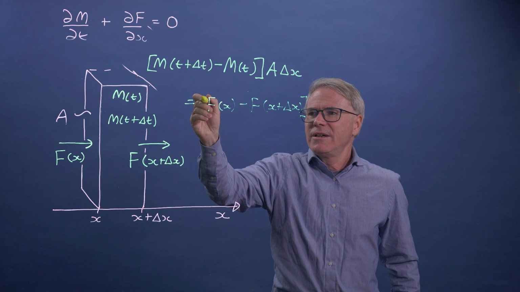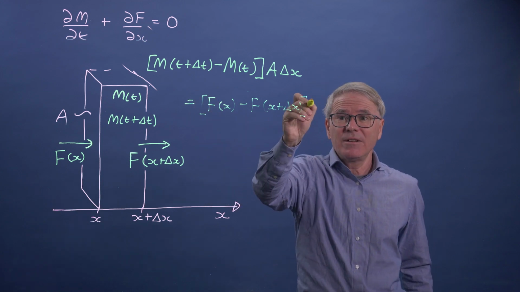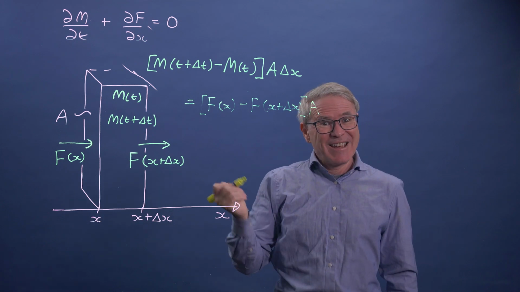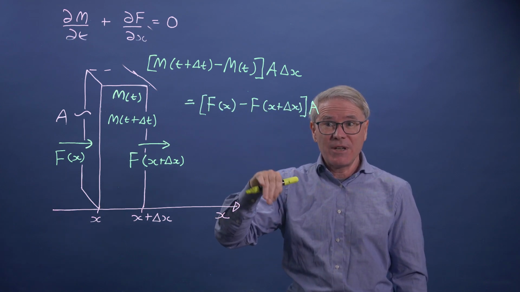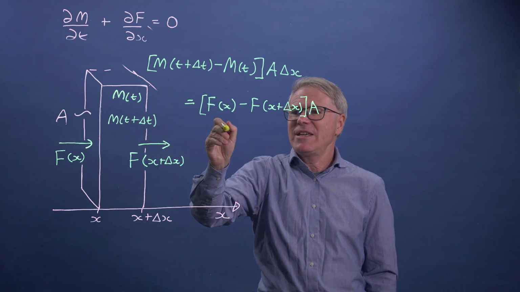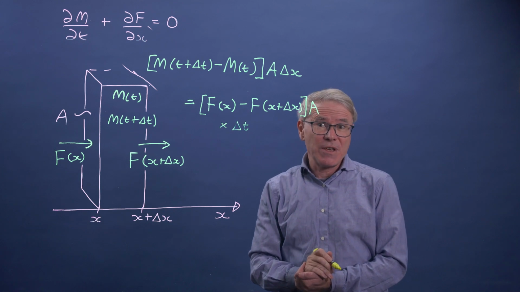But remember, this is a flux per unit area, so it is multiplied by area, and a flux is in kilograms per square meter per unit time. So this is a time delta t, so I have to multiply this by delta t. Now I've got the units right.